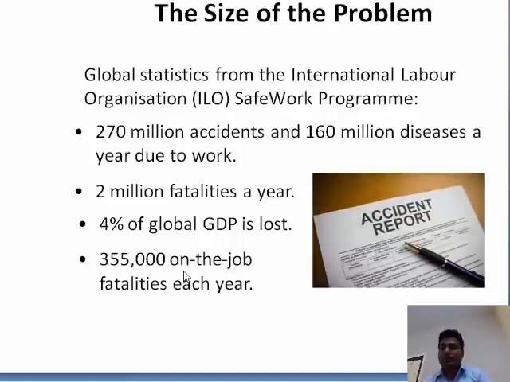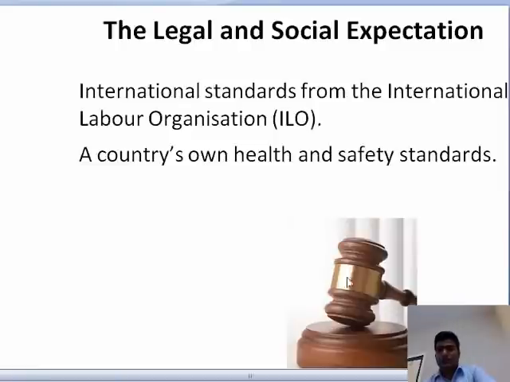And 355,000 on-the-job fatalities. This is the figure given by the ILO, International Labour Organization, which works at the international level. If you maintain health and safety, then it can be reduced and GDP can also be increased. So this is the problem we face when health and safety is not maintained at the workplace.